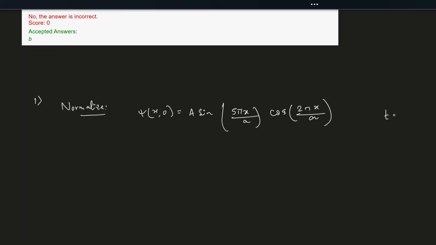This is at t equal to 0 because this is psi(x, 0).